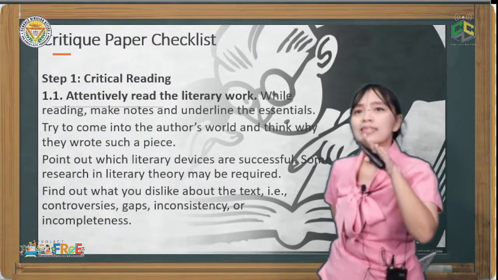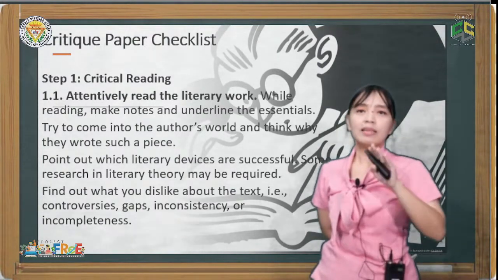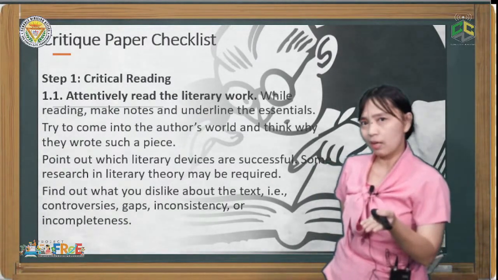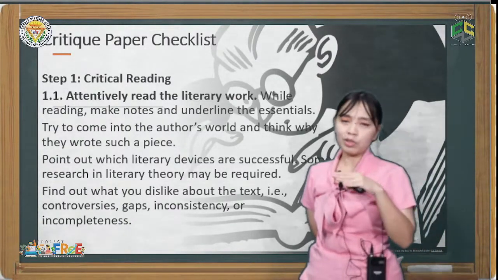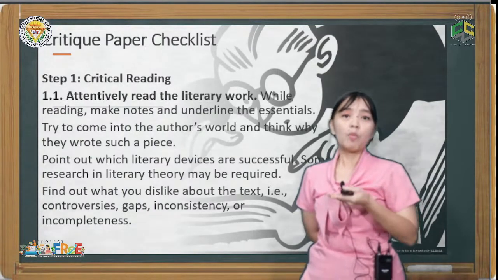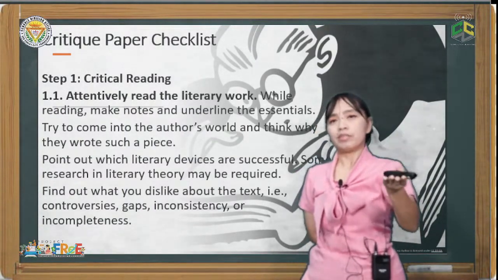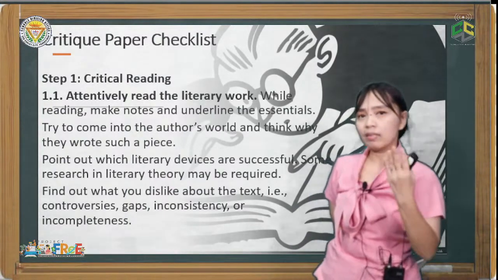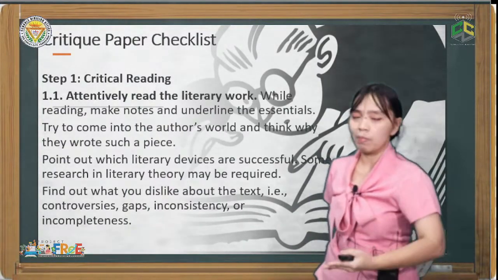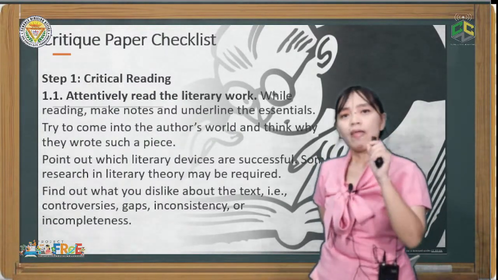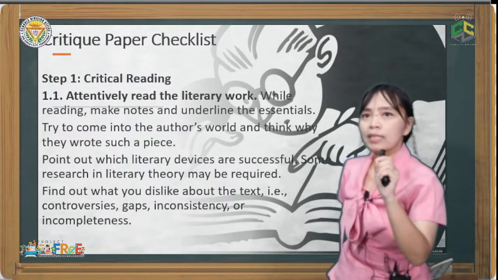So you have to attentively read the literary work, and of course you have to make notes of it, okay? If it is needed that you come up with an outline of what you are reading, then you can do so that later on you're going to have an idea about the sequence or the organization of the book or of the ideas that have been imparted in the book that you have read.